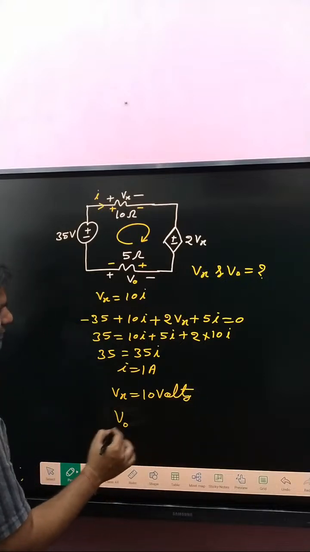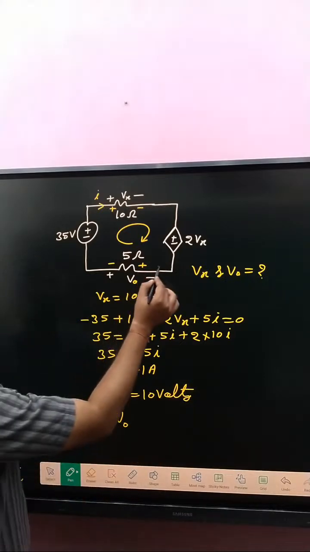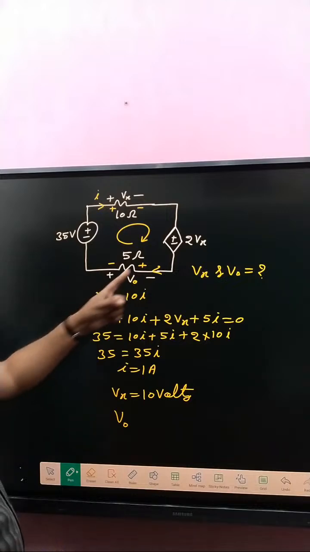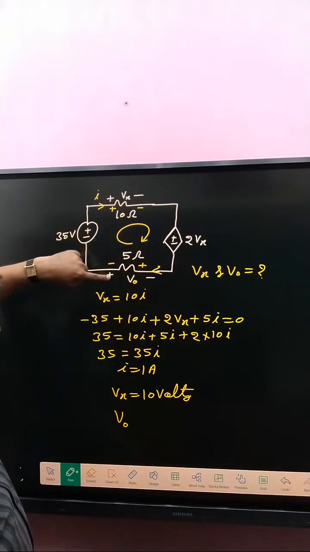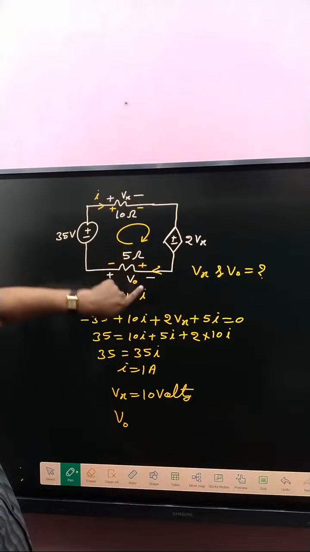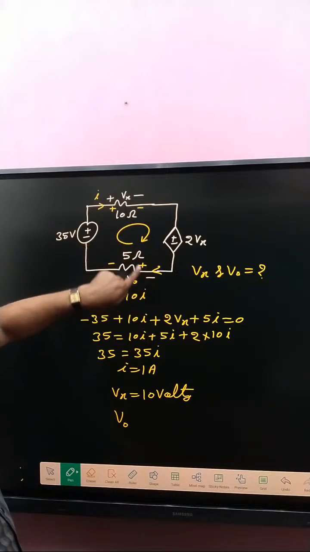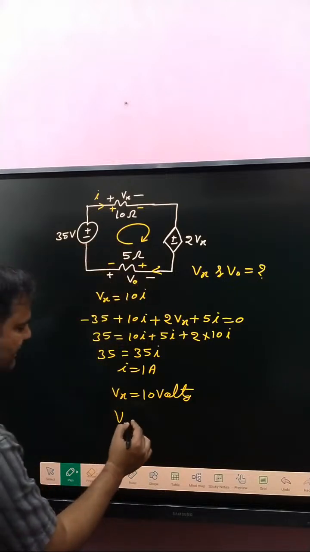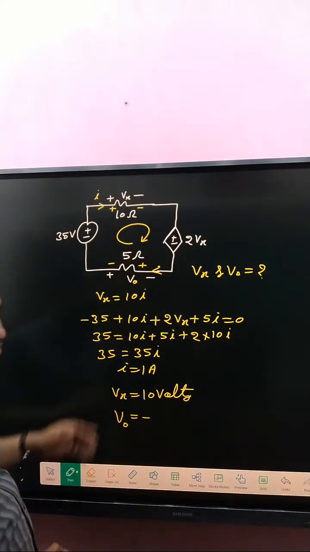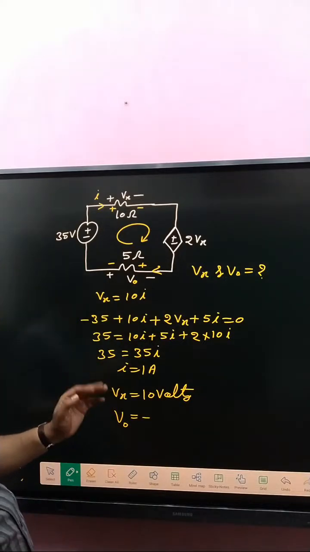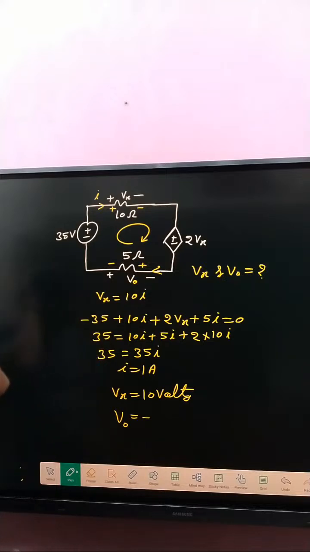And what about V naught? Now current enters from the positive terminal, but V naught is given plus here, minus there. Both polarities are opposite. So V naught is written minus. I have already discussed why minus, in the previous question.